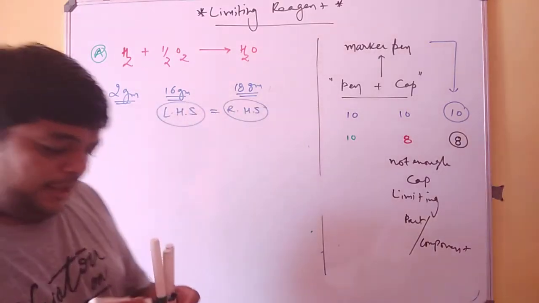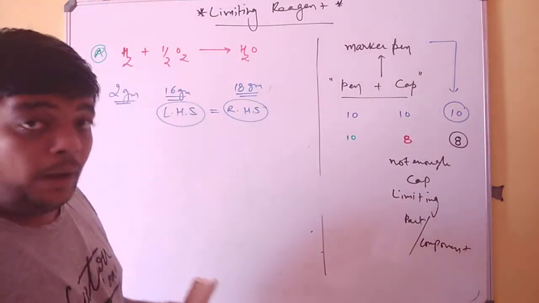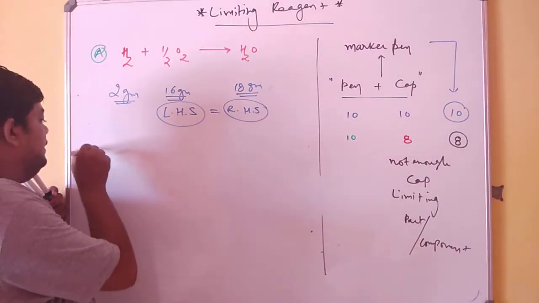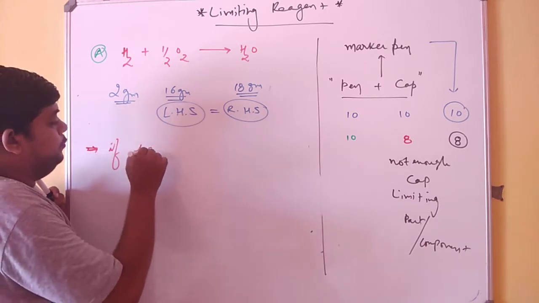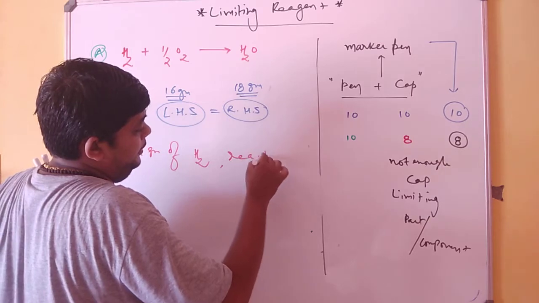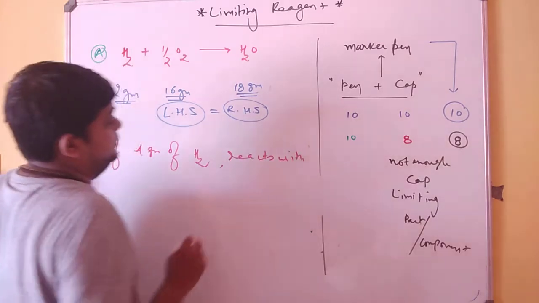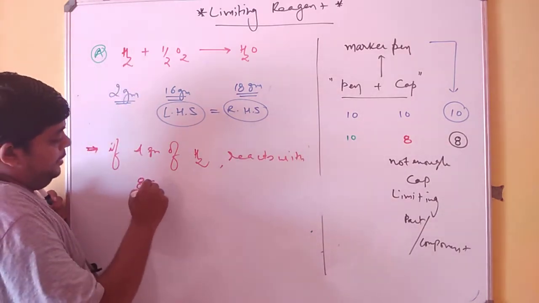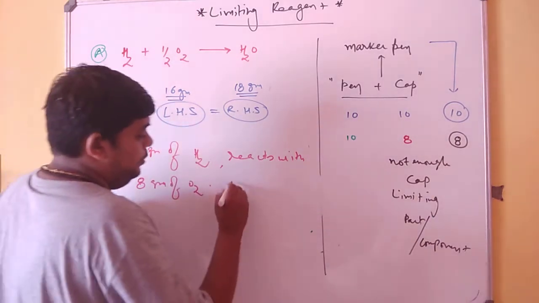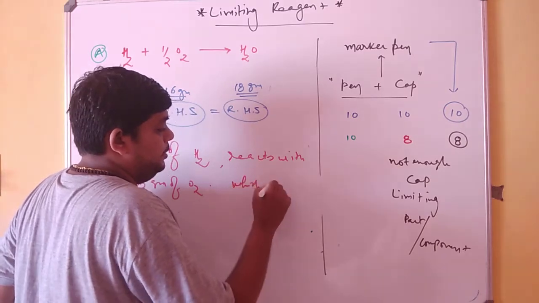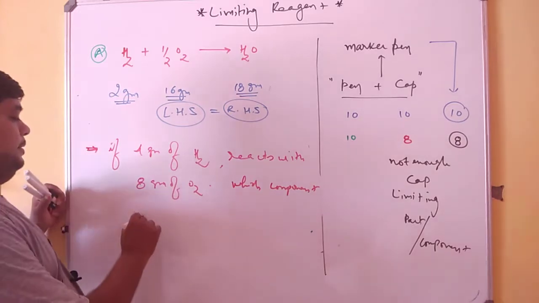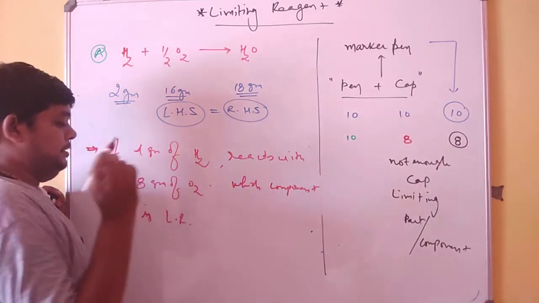But if the question that follows now is, how would you solve this? If 4 gram of H2 reacts with 8 gram of O2, which component or reactant is the limiting reagent?